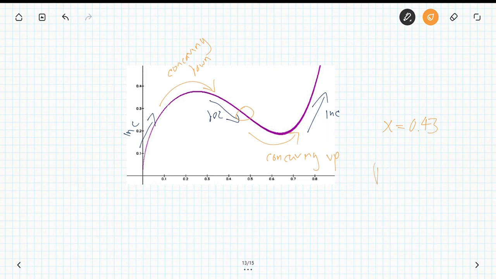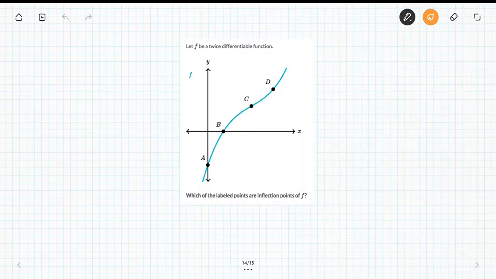That means that the double derivative at 0.43 is going to be 0 because there you have an inflection point. So at x equals 0.43, there's an inflection point. Alright, let's go on to the next drawing.